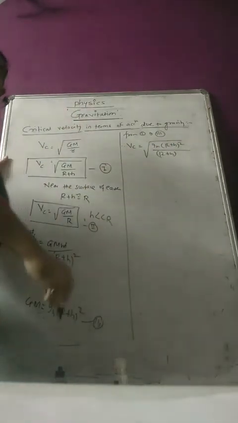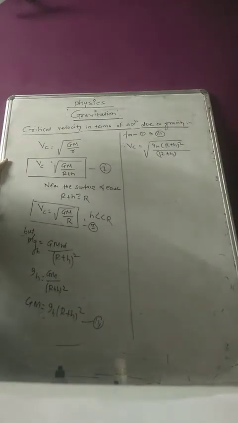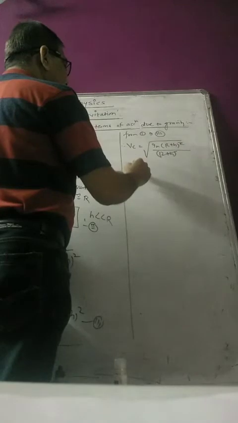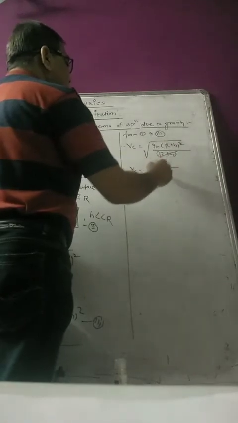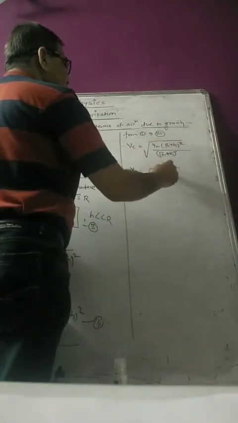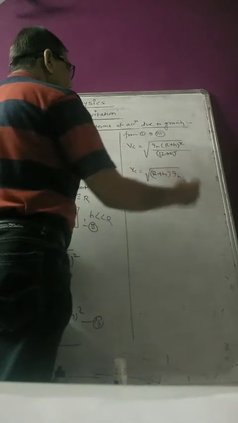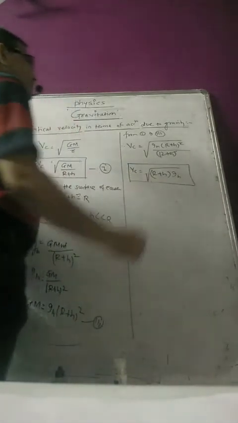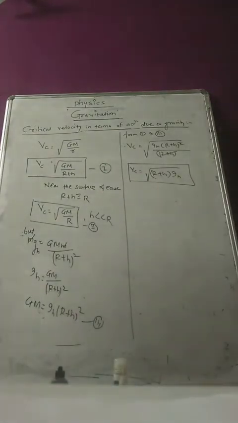Here r plus h and r plus h will get cancelled, so the critical velocity becomes square root of (r plus h) into g_h. So at a particular height, your critical velocity is in terms of acceleration due to gravity.